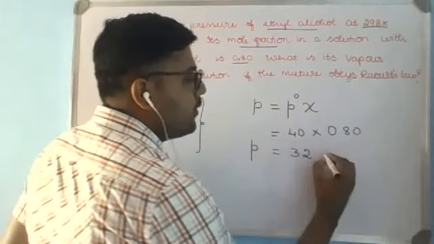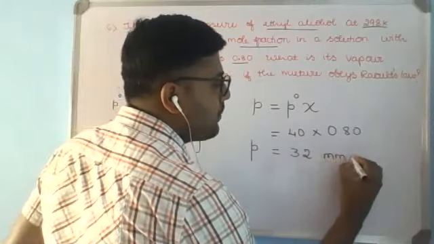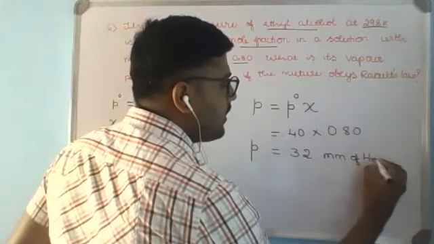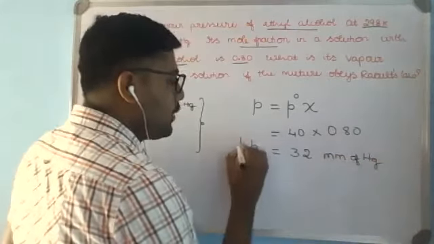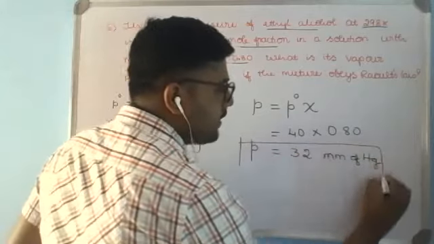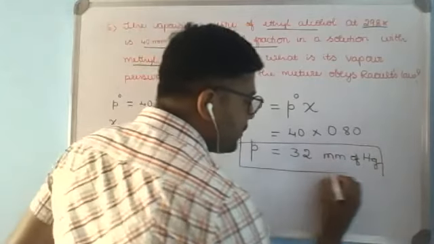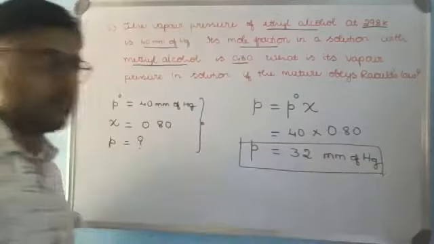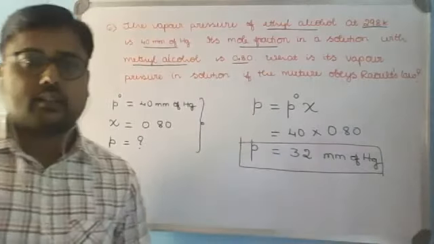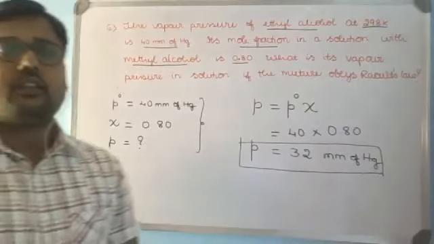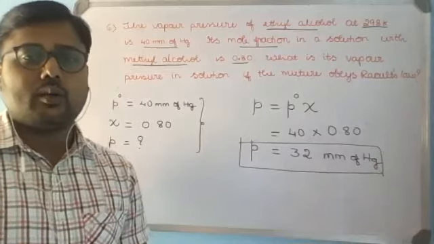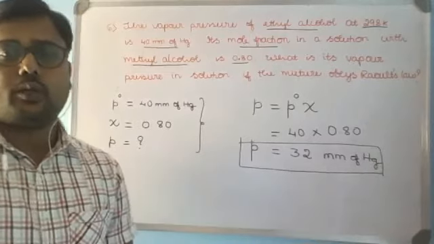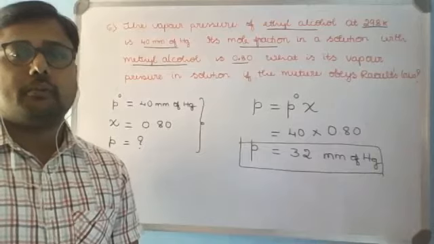The unit of vapor pressure is mm of Hg. It's a simple 2-mark question, asked in one of the model papers, a simple direct solution. So the vapor pressure of ethyl alcohol in the solution is found to be 32 mm of Hg.